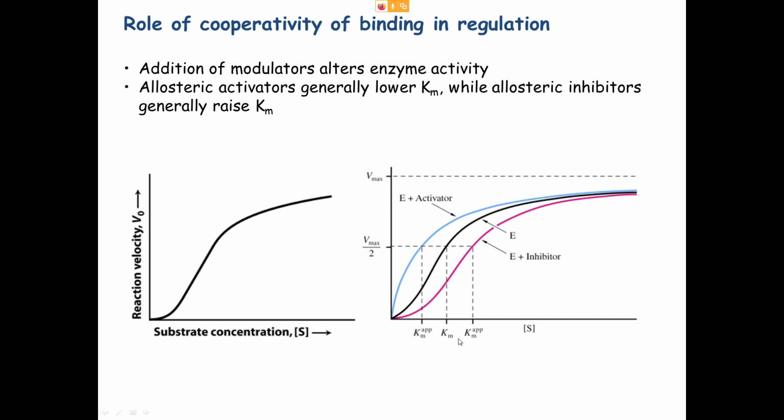It's called the apparent Km. Km has an apparent shift, which means the same velocity occurs at different substrate concentrations, right? So this modulation is so you can conserve substrate or use it faster and get the same result depending on the conditions, right? Lots of enzymes work this way, particularly those at the committed steps.